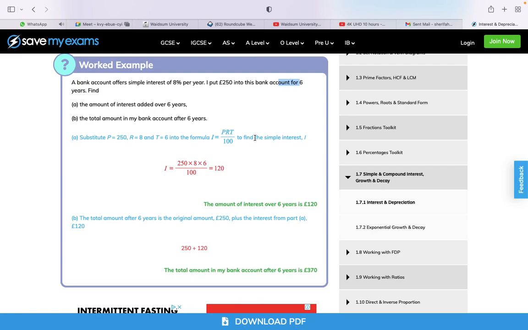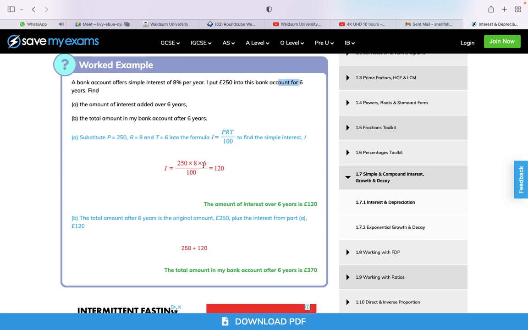Let's say we want to turn this to compound interest now, for example, 250 pounds times 8, which is the rate, times 1. Anything times 1 is the same thing, right? Then divide by 100. So when we divide by 100, we get 20, right? 20 is the interest.